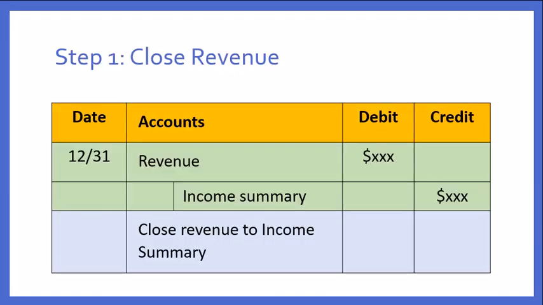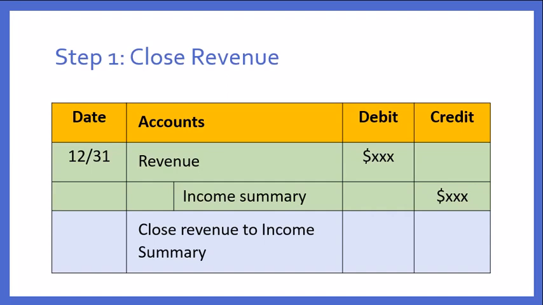First, we're closing revenue. Now, this is something that I always tell students: if you get confused on how to close revenue, expenses, or dividends, remember that our goal is to make the balance go away. So if you're trying to eliminate an account that is carrying a credit balance, how are you going to make it go away?